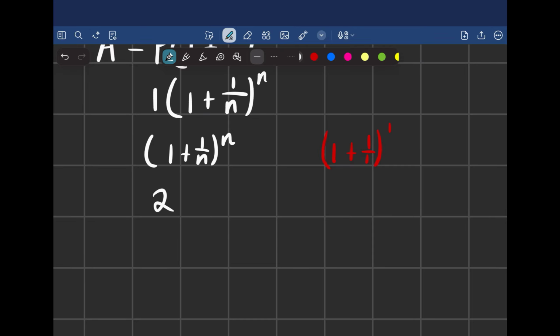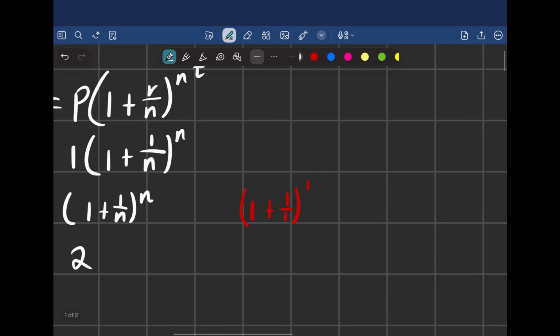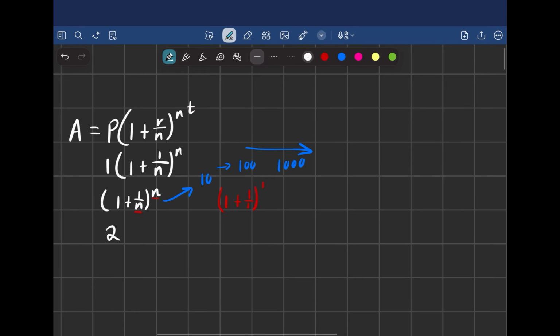But this beginning number is quite important because n means the number of times we want to compound, so let's just make it really big. So let's change it to, let's say 10, or maybe 100, 1,000. Well, if we keep on going higher and higher, eventually it approaches infinity.